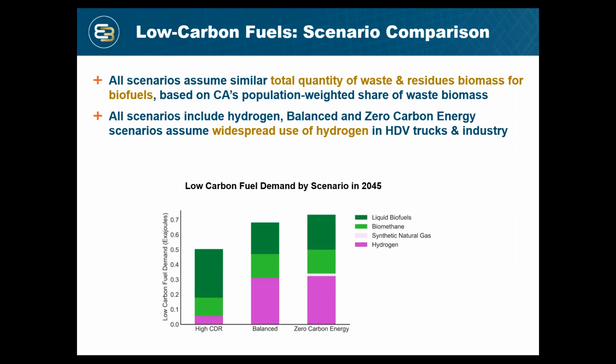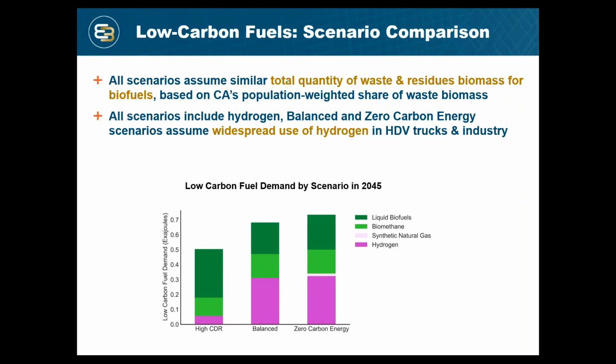But in some senses, it doesn't matter that much really where the biofuels are being allocated, just that they are mitigating greenhouse gas emissions from fossil fuels in these scenarios. And there's a good amount of uncertainty still around the relative mix or reliance that we might see in California and in other jurisdictions, honestly, between hydrogen and biofuels, because these are emerging technologies, and we don't yet fully know how the cost curves for each of those will compare.